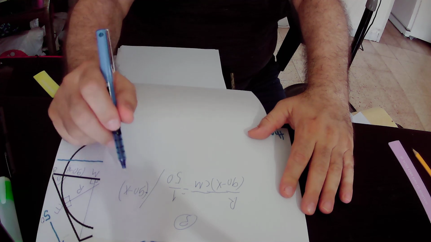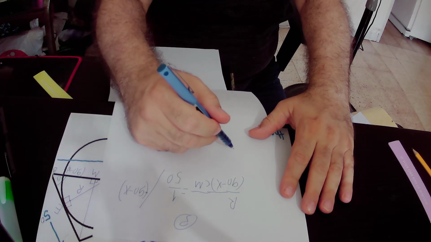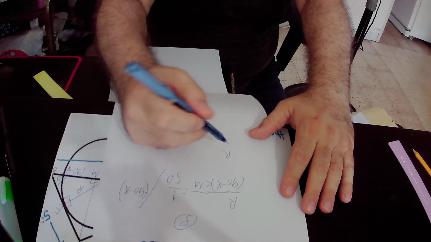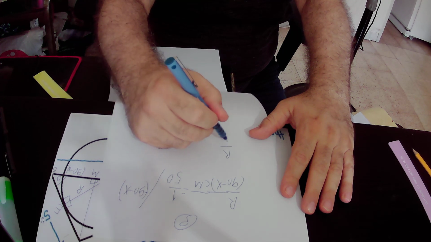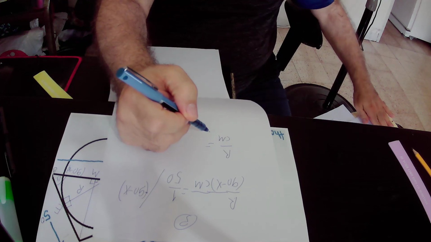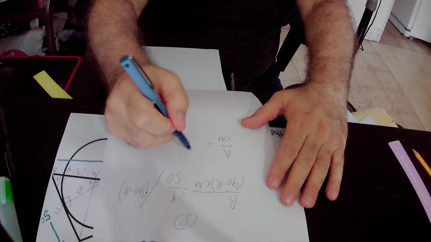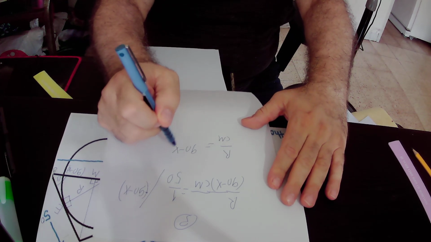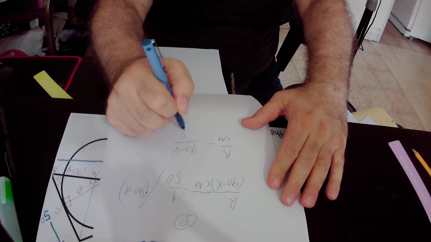Okay, so we will get here that R over CM equals 90 minus x over 50.